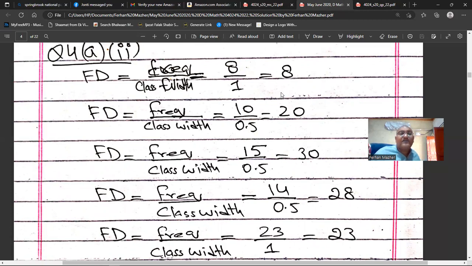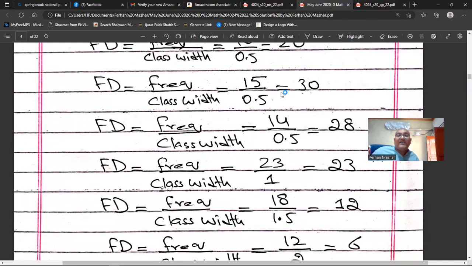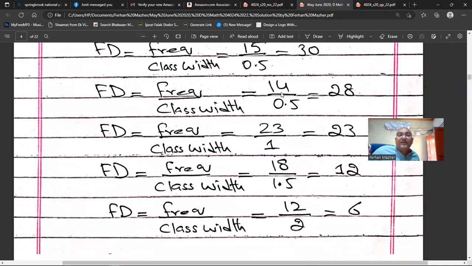The frequency density for the fourth class will be 14 divided by 0.5, and that will be 28. For the fifth class it will be 23 by 1, and that will be 23. For the sixth class it will be 18 divided by 1.5, and that will be 12. And for the last class it will be its frequency divided by its class width, 12 divided by 2, and that will be 6.